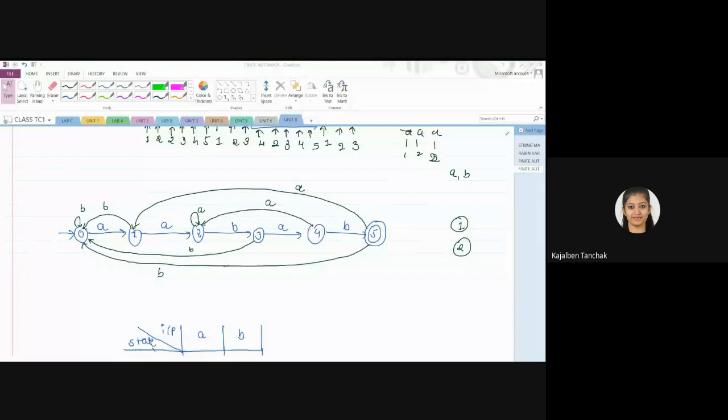Write down yes or no. If it is not clear, then please tell me. I'll explain it again. Everyone is clear with this? What about others? Shyam, Anjali, Vishal, Ankit, Rahil.